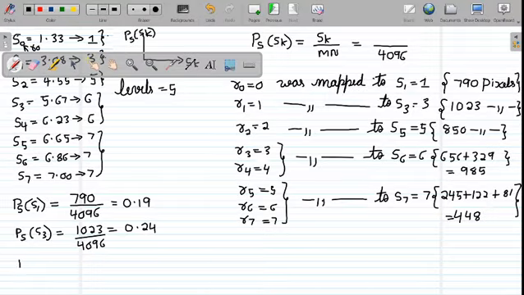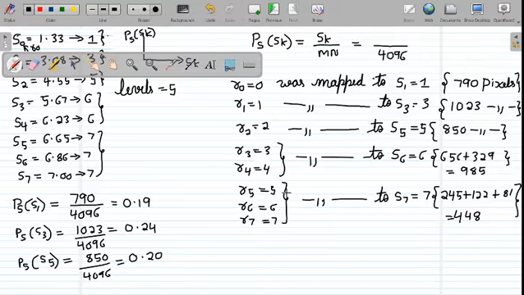Next, PS of S5. So that is 850 divided by 4096. So that would be 0.20.